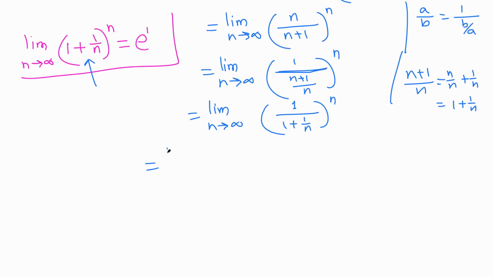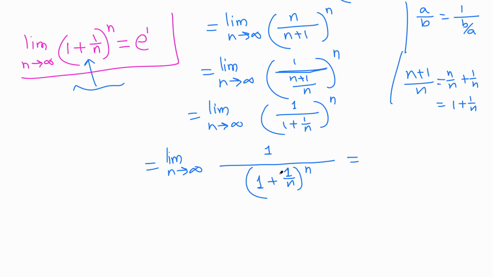So let me write it this way. On the top, 1 raised to n is just 1. On the bottom, (1 + 1/n) raised to n, because this applies to the top as well as the bottom. And the bottom is exactly like this, so this one is e.